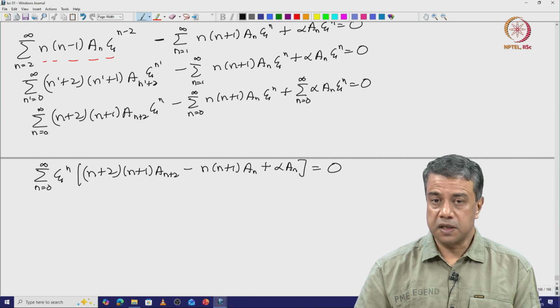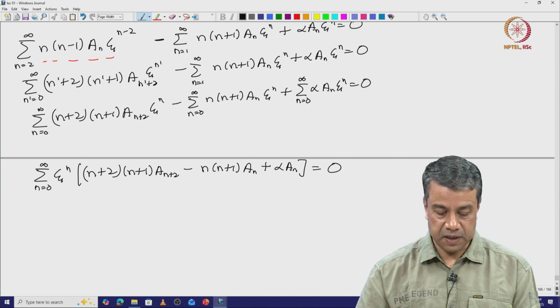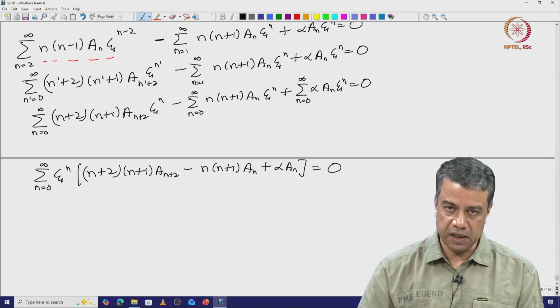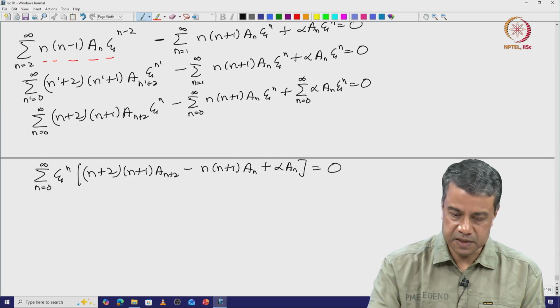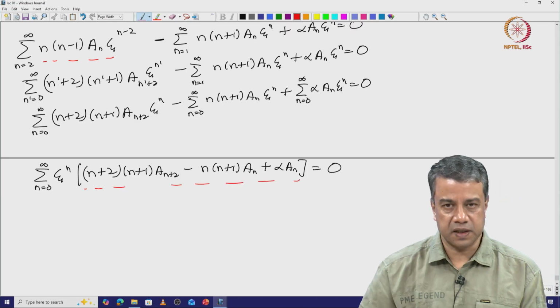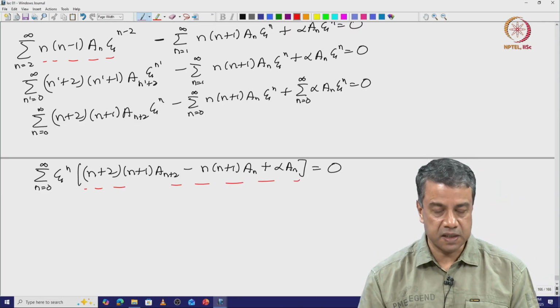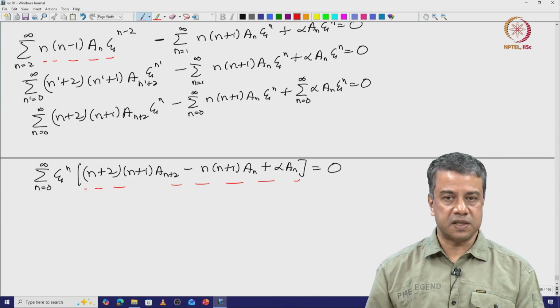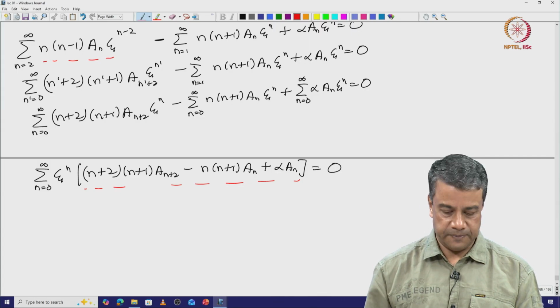If this summation has to be 0 for any value of psi, that means that this integrand has to be 0 for each value of psi. Otherwise, if I change psi, the relative weightage of all of those terms changes and you will not get a 0 result.